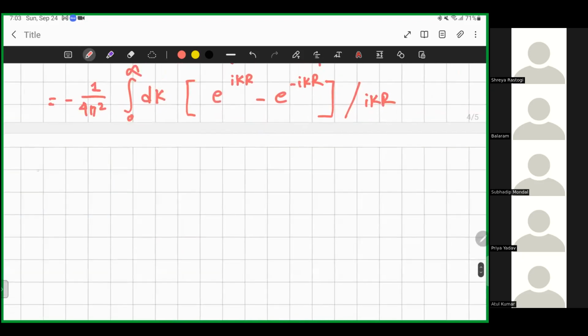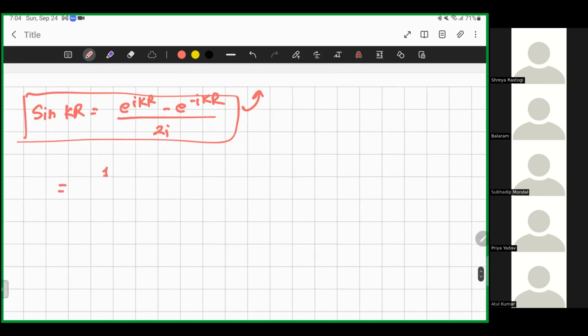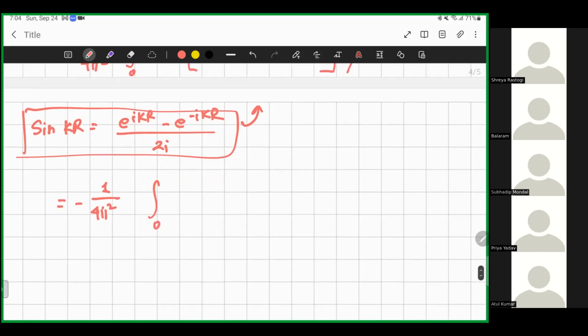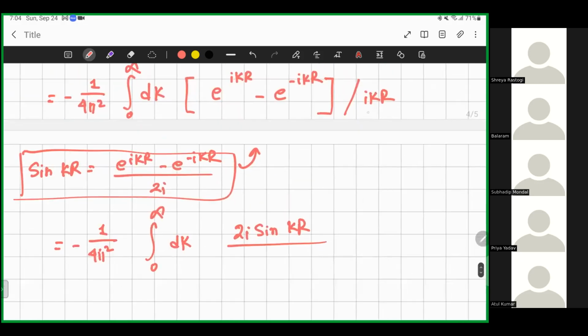Now we know that we can write sine kr equal to e to the power i kr minus e to the power minus i kr divided by 2i. So we can use this here. It will be minus 1 by 4 pi square, 0 to infinity dk, and it will be 2i sine kr divided by i kr.